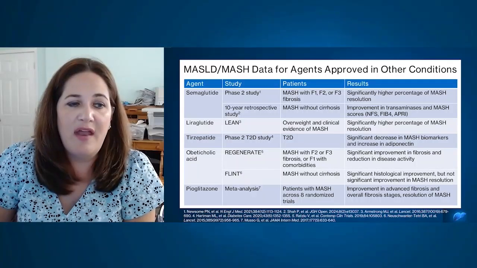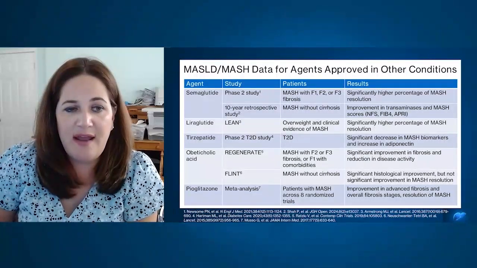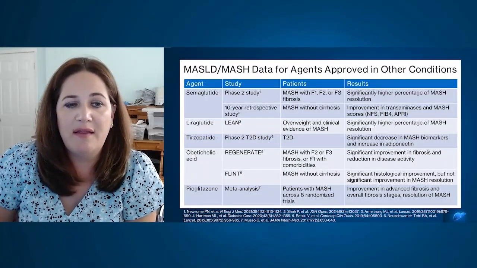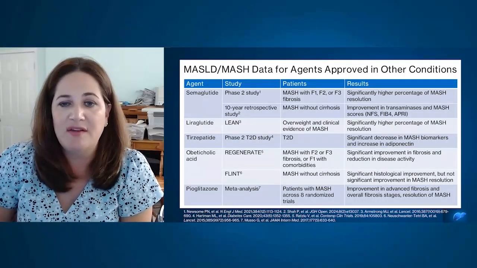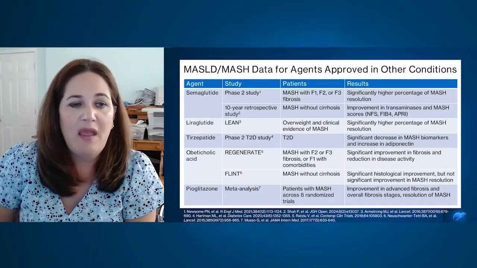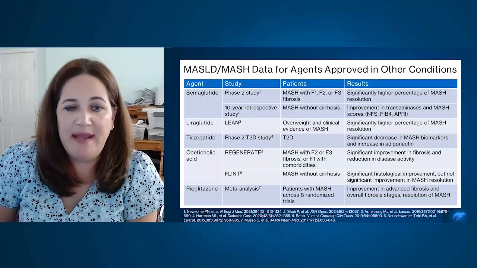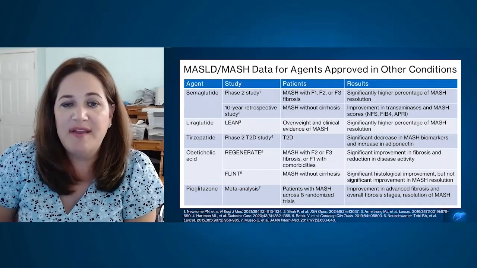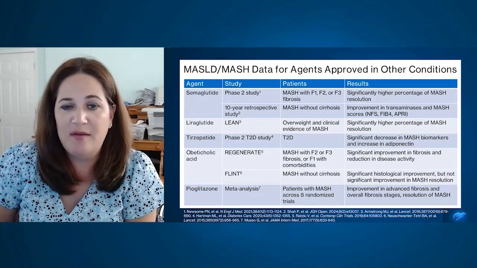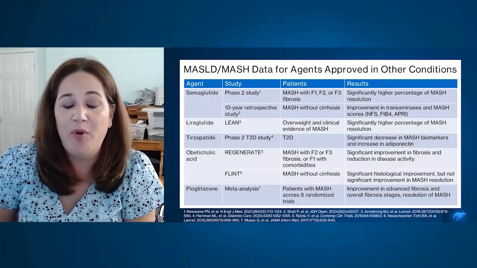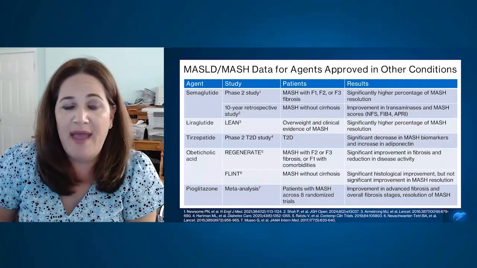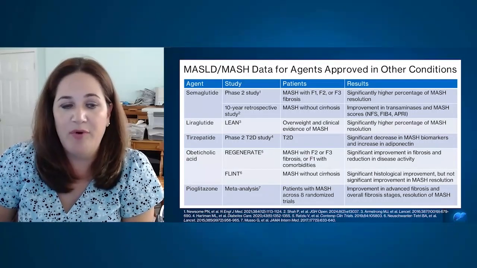We have another one from the LEAN-3 study for patients who are overweight and have clinical evidence of MASH. Again, it showed a significantly higher percentage of MASH resolution. We have several diabetes medications that are out there, with significant decrease in MASH biomarkers and increase in adiponectin, which has a relationship with fat production.